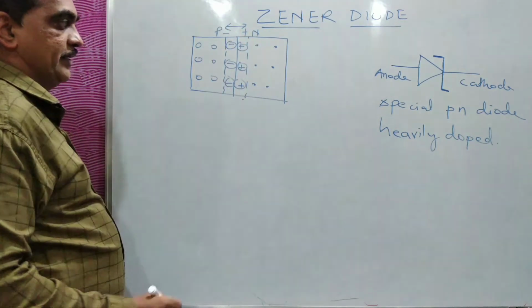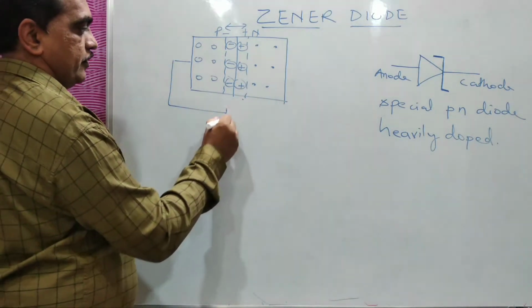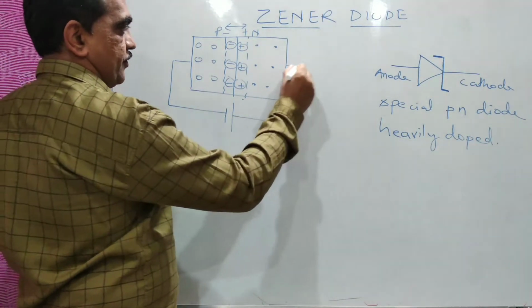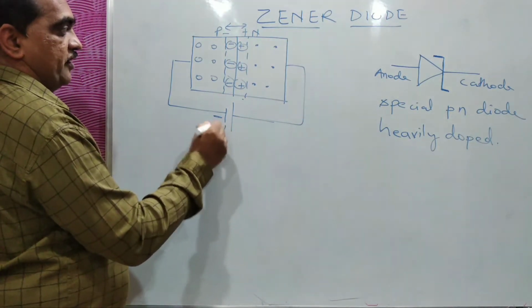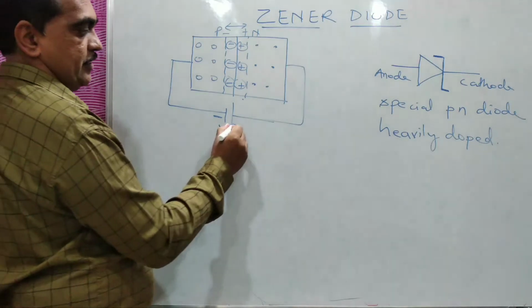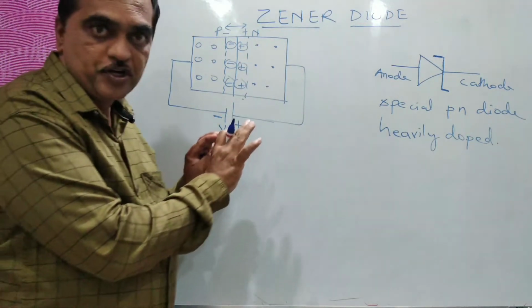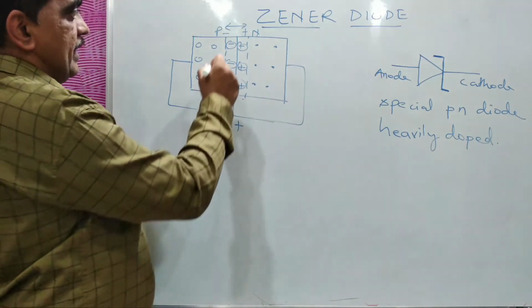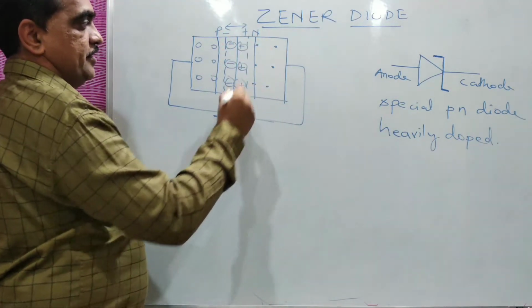And if you apply a reverse bias, that is when the negative of the battery is connected to the P-type region and the positive of the battery is connected to the N-type region, the majority charge carriers will repel and this depletion layer will increase.